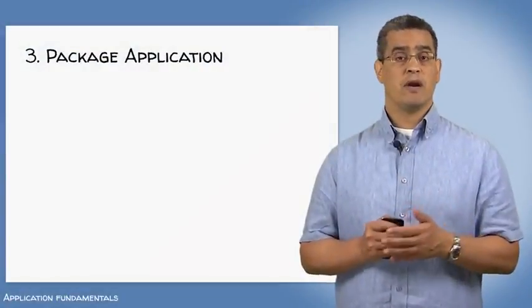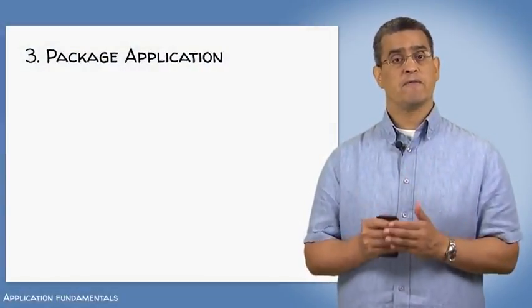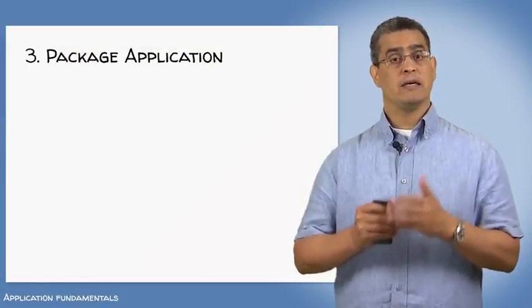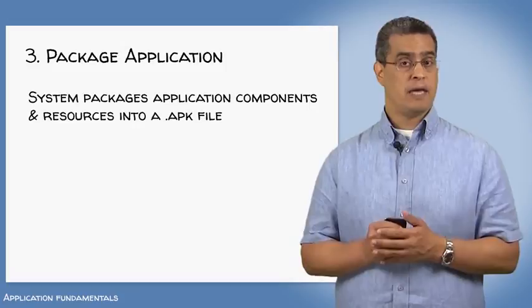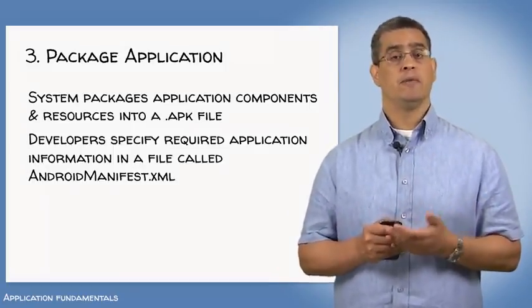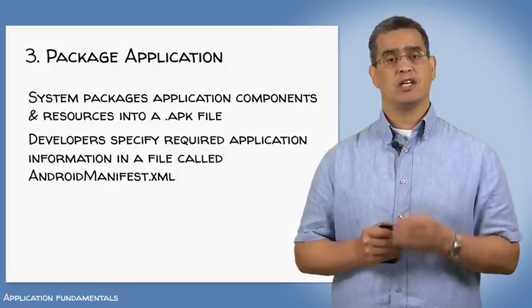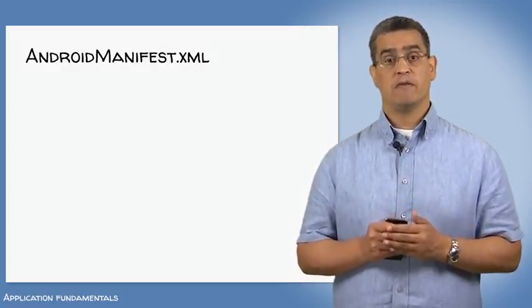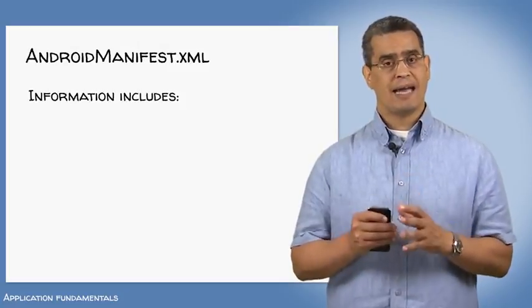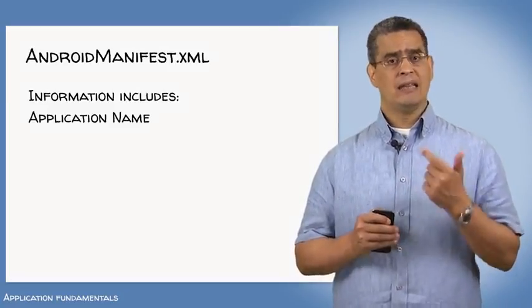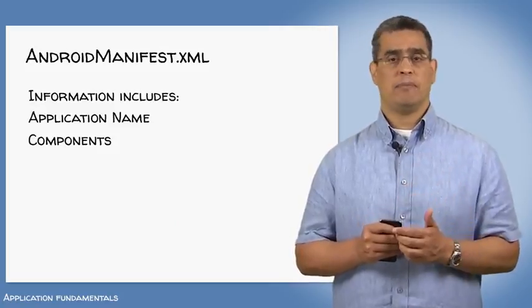The next step in creating Android applications is to provide information that allows Android's build tools to create the application package or APK. And this information is written in an XML file called AndroidManifest.xml. The AndroidManifest.xml file contains a wide variety of packaging information, including the name of the application and a list of the components that make up that application.